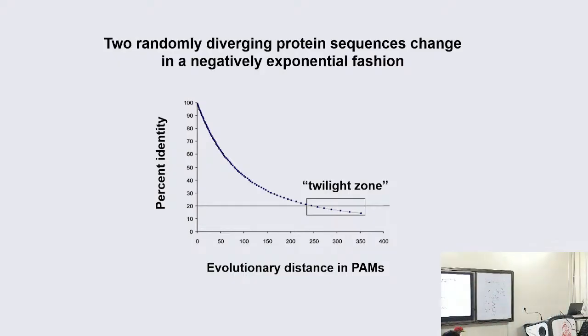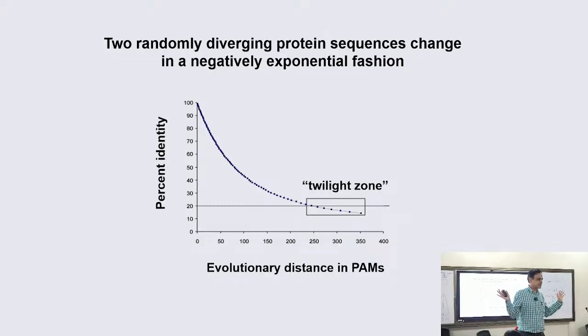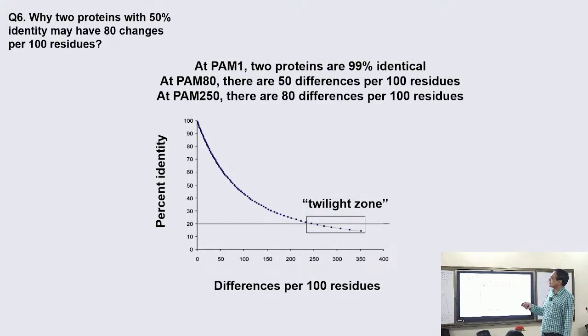PAMs, you understand, right? Evolutionary distance in PAMs. PAM 1, PAM 10, PAM 50, PAM 100, PAM 250, and so on. PAM 250 indicates 20% identity, 80% changes, mismatch.